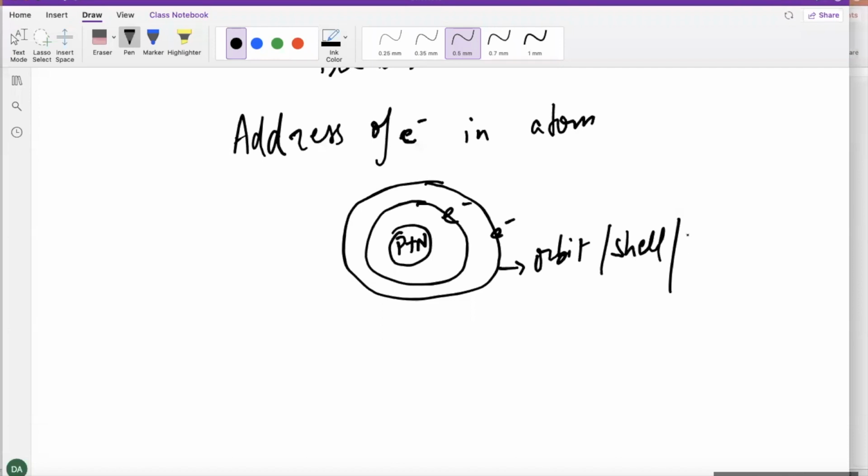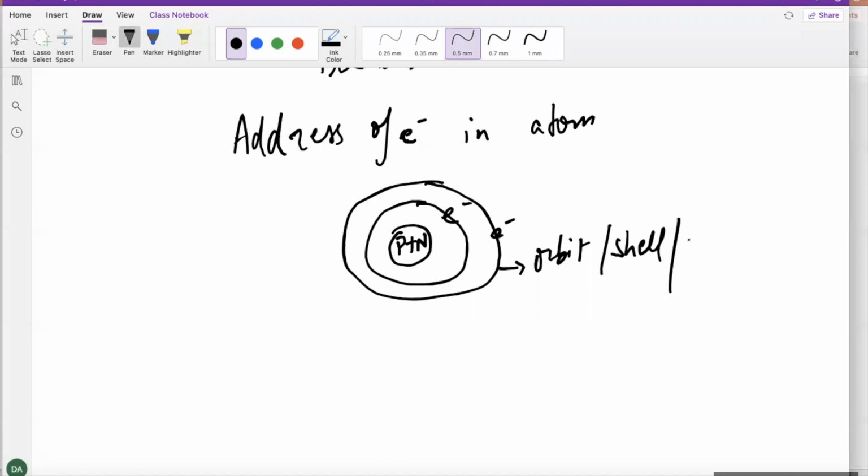For our understanding, guys, we're going to make an analogy and think of an atom like a building. The basement is where your protons and neutrons are, that's your nucleus. And then the ground floor, or the first floor, is our first orbit. That's where the electrons are going to be situated.